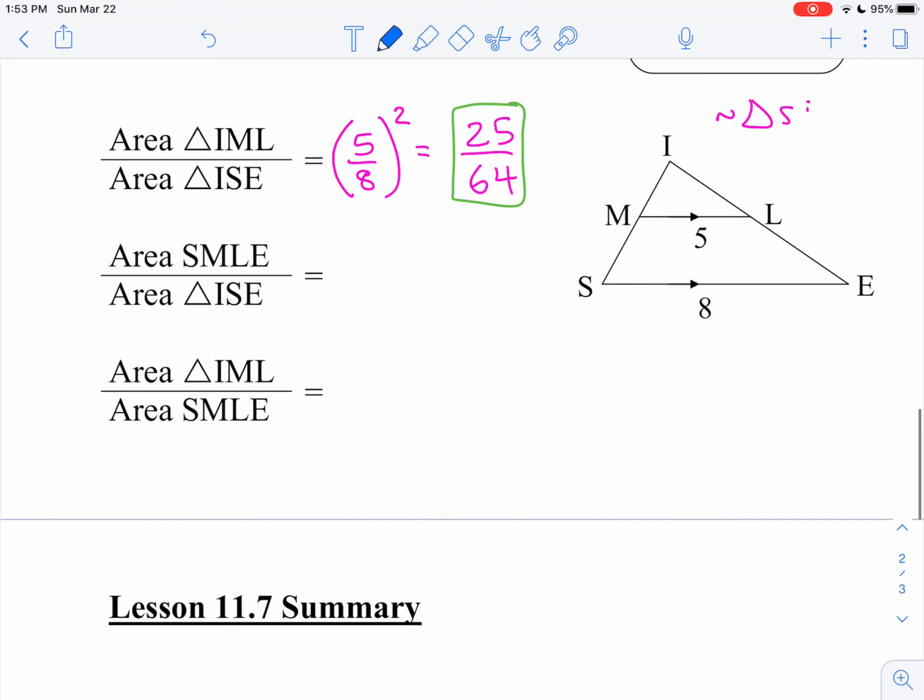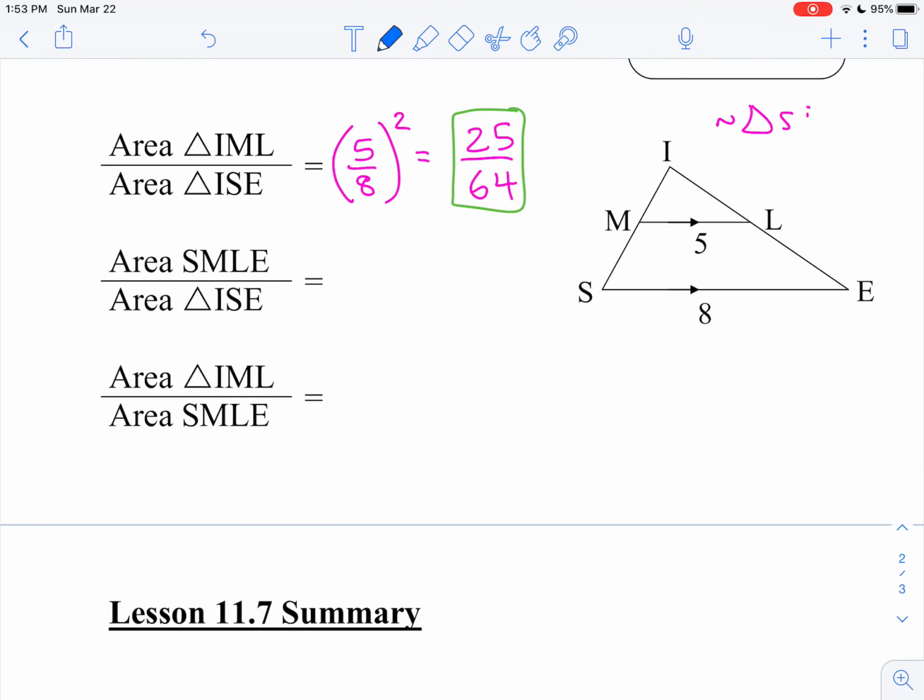So why is that important? Let's take a look. I might scroll up. I don't know, I just feel like it. So what you figured out right there is that this top triangle represents 25/64 of the entire figure. So now using some quick math, you can figure out that everything down here is the leftovers. So do 64 take away 25, and you get 39.